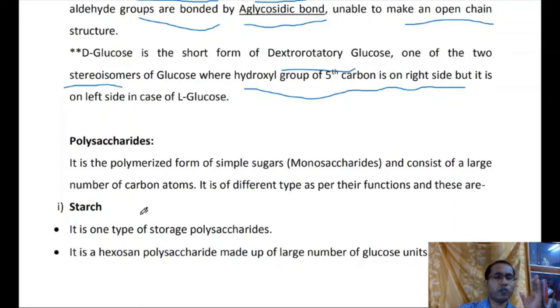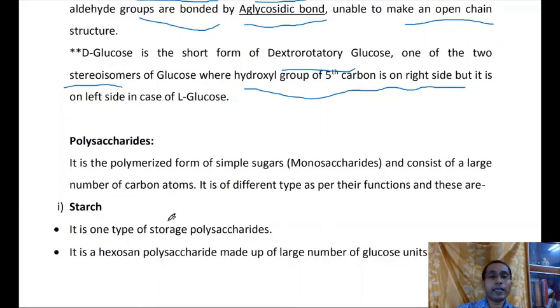Starch is a very good example of a storage polysaccharide in nature, usually present in the plant kingdom. There are storage areas in the plant's tissues where it is stored as starch. Many grain crops we have seen are basically starch carbohydrate products.